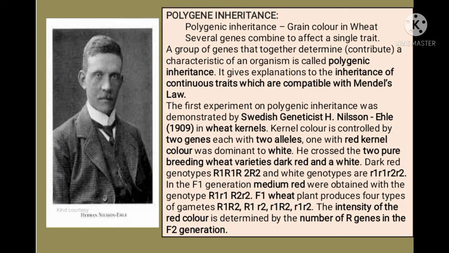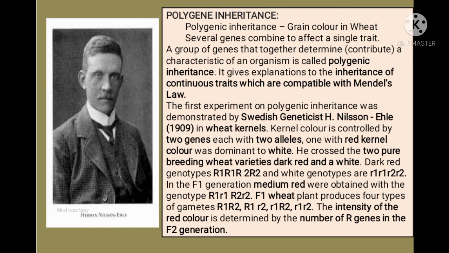He crossed two pure-breeding wheat varieties, dark red and white. The dark red genotype is capital R1 capital R1 capital R2 capital R2, and the white genotype is small r1 small r1 small r2 small r2.